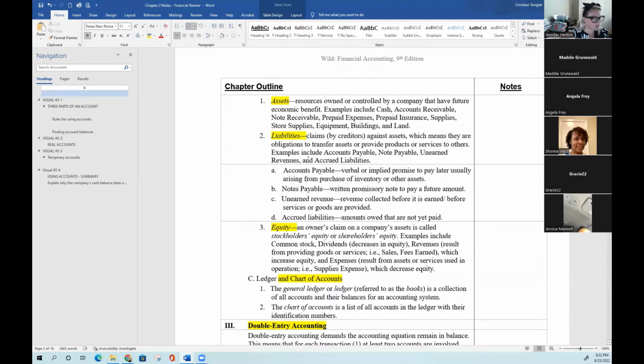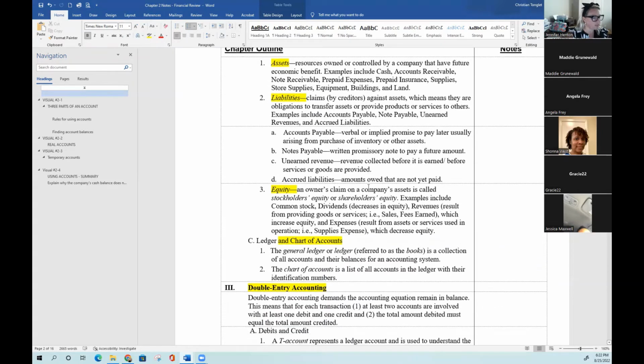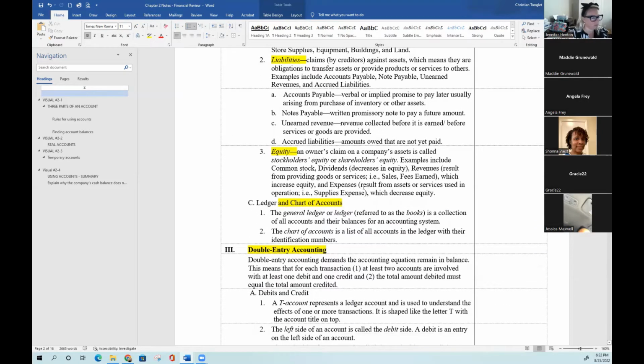Okay, so this is just a quick recap for you to look at and kind of explain what some of those accounts are, because I want you to know what those are for the test. And okay, then we have equity. That's the owner's claim on a company's assets. That's called stockholders' equity or shareholders' equity.